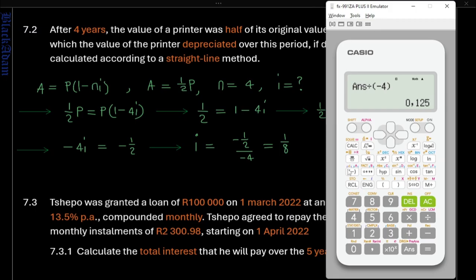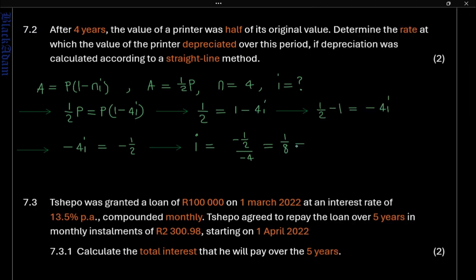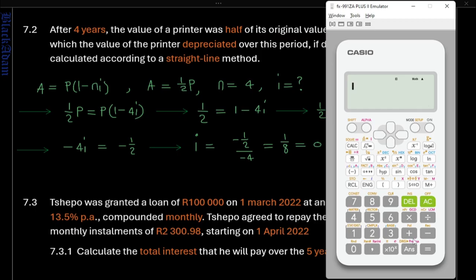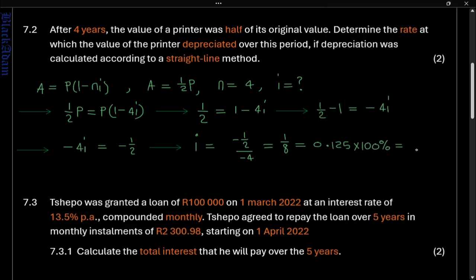Putting that into a decimal value, it's 0.125, and then multiplying by 100% gives us 12.5%.